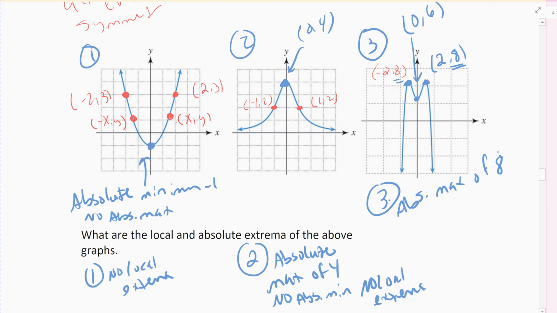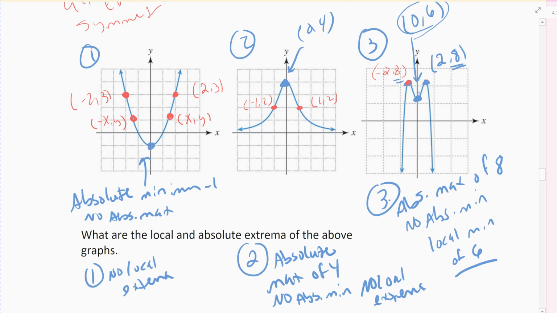It's just located twice. No absolute minimum, but it does have a local min. All right, the local min is this point here, which is at 0, 6. So local min of 6, right? Its minimum's the 6, and it's localized, right? It's at that little valley there.